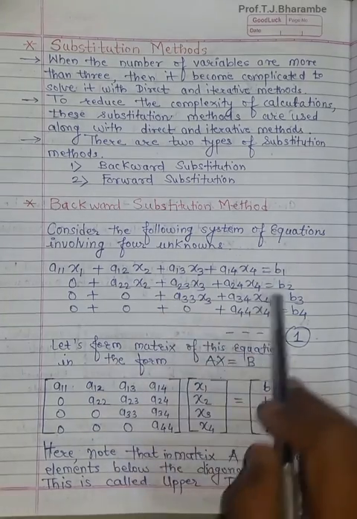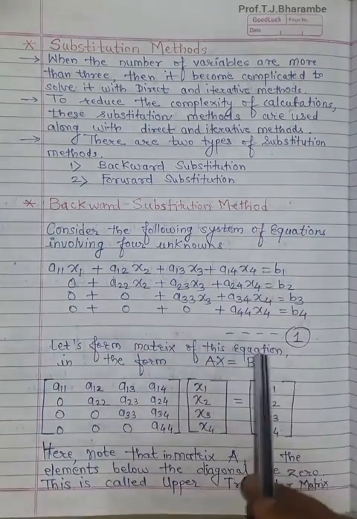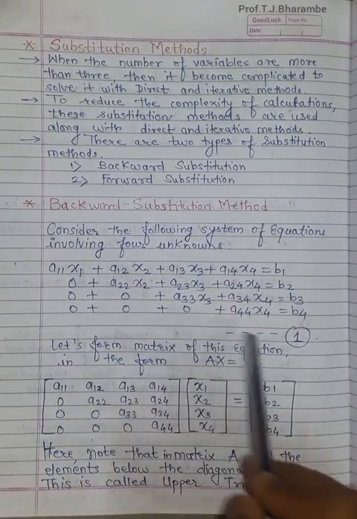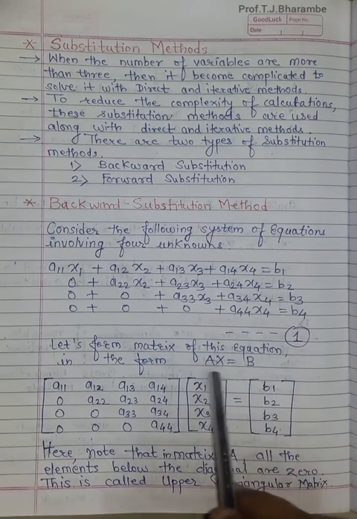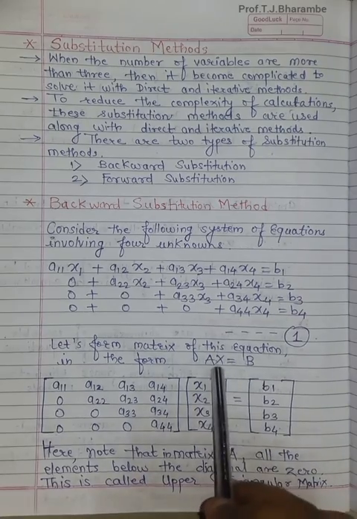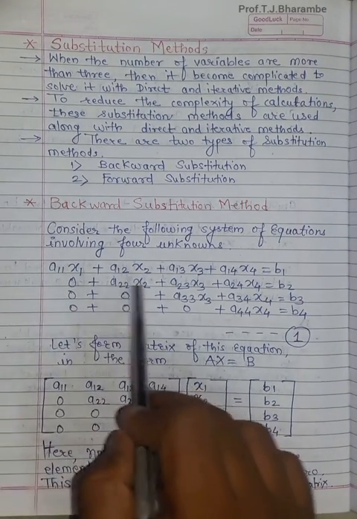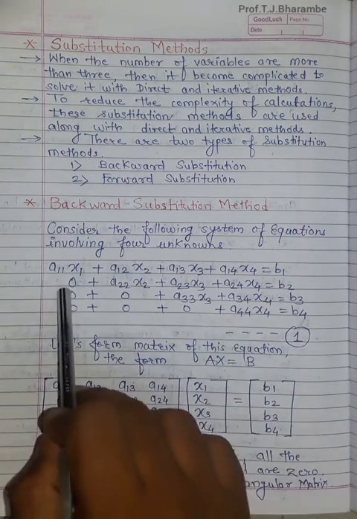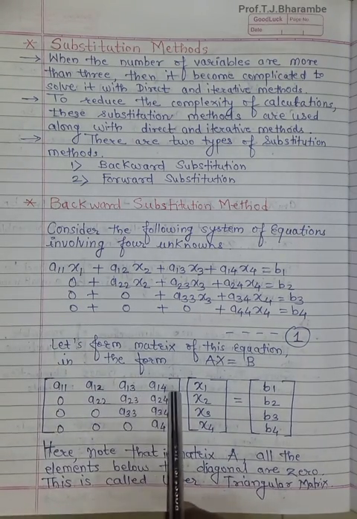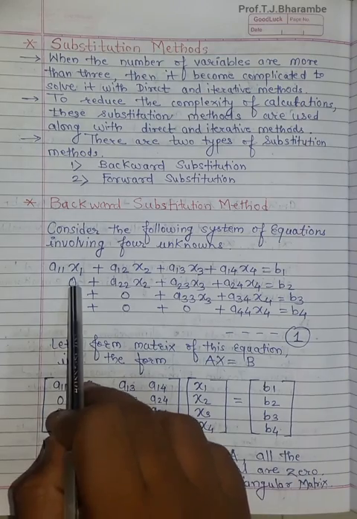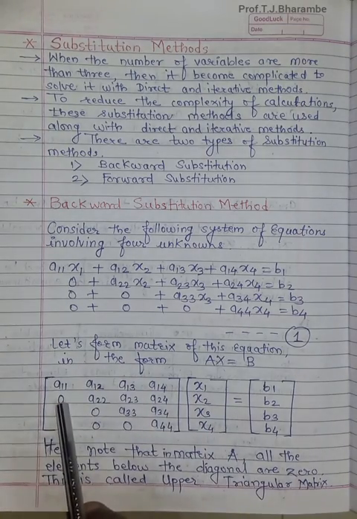To understand this backward substitution method, we have to write this set of equations in matrix form, that is Ax is equal to b. Matrix A is nothing but the coefficients of these equations: a11, a12, a13, a14. Similarly, the x1 coefficient is 0 in the next row, so I have written 0.